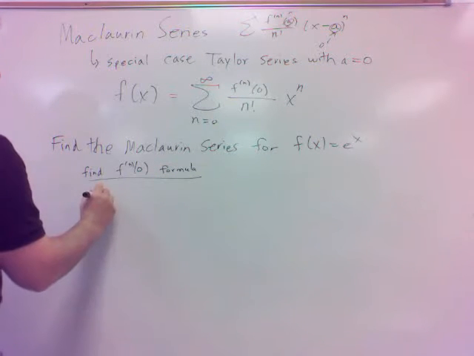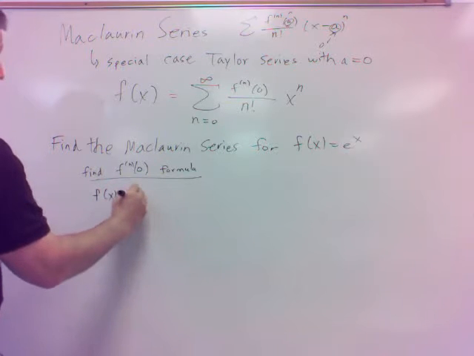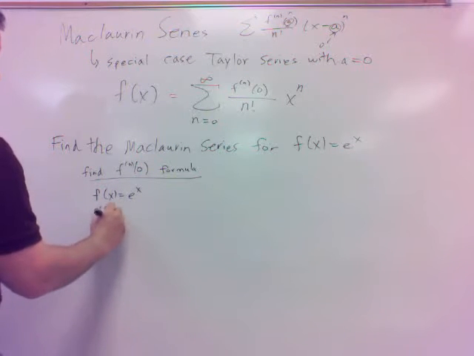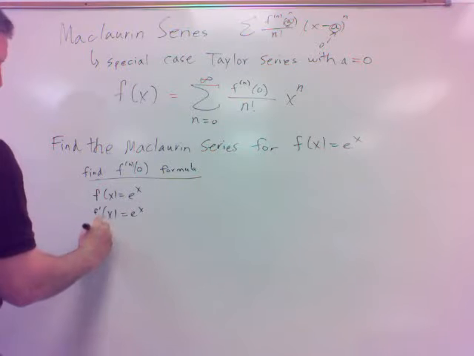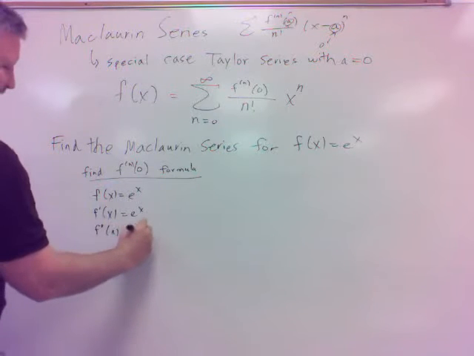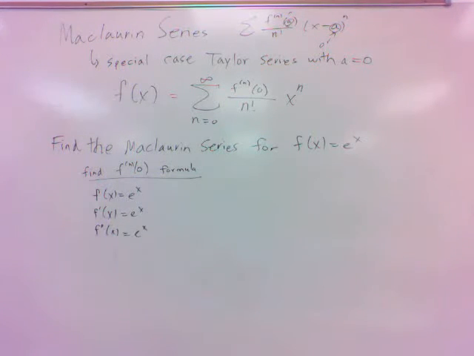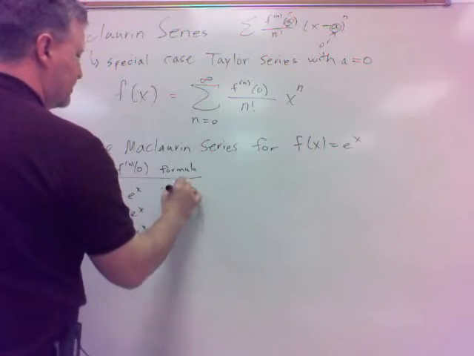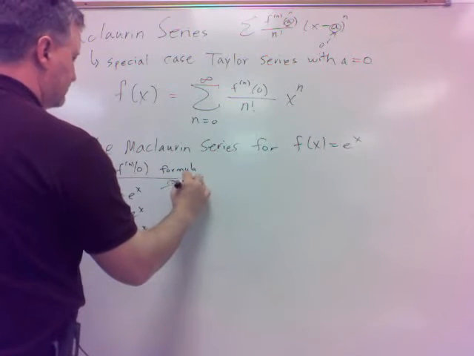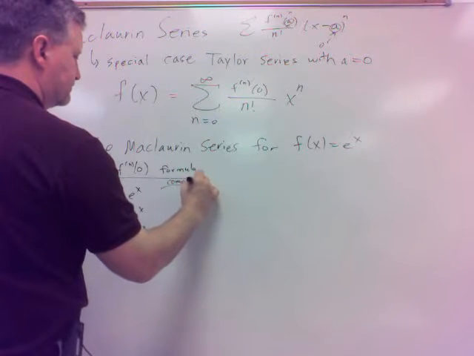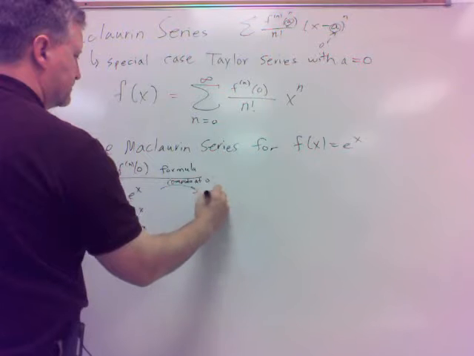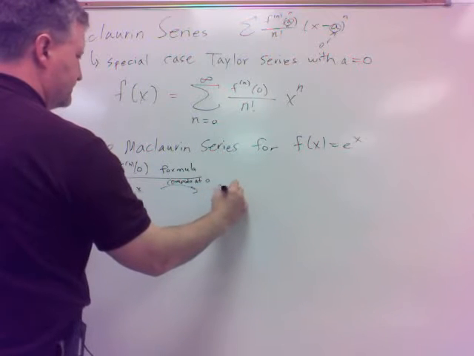All right, so just doing the first few derivatives, my f of x is e to the x. Oh, that's pretty nice, isn't it? What's the first derivative? e to the x. What's the second derivative? I'm not going to do many of those because it's always e to the x. But now I need to compute those at x equals 0. So that'd be f of 0.